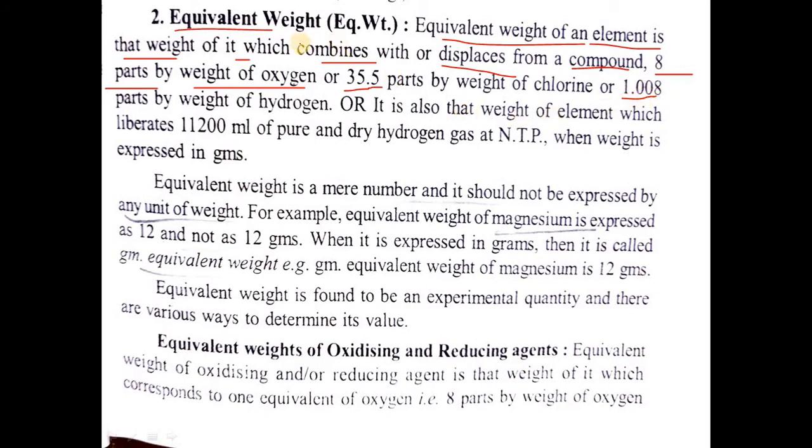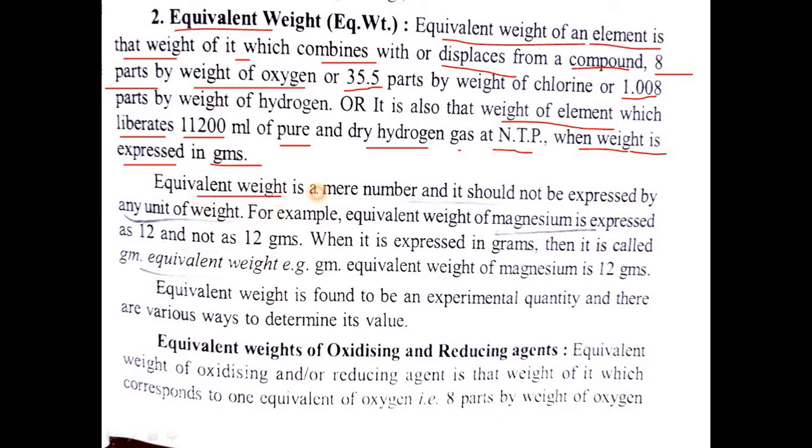Or in another form, it is also defined as the weight of element which liberates 11,200 ml of pure and dry hydrogen gas at normal temperature and pressure when weight is expressed in grams.